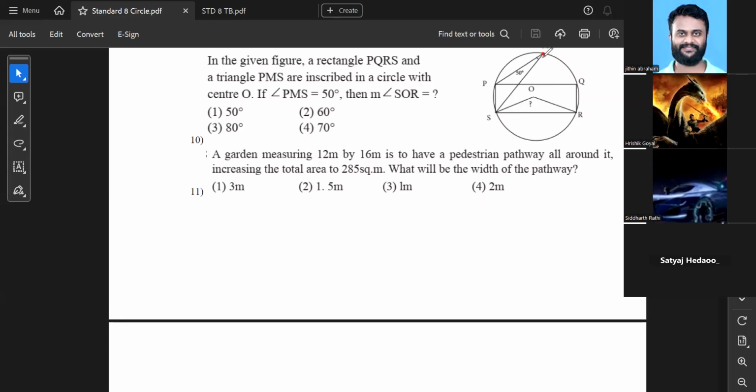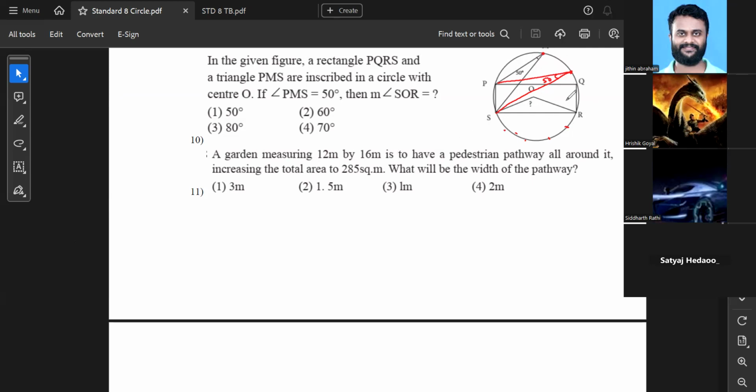If the point was here, anywhere in the circle, and you were joining these two to subtend an angle, this angle would have been the same as it was earlier, 50.